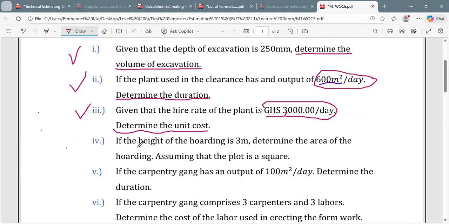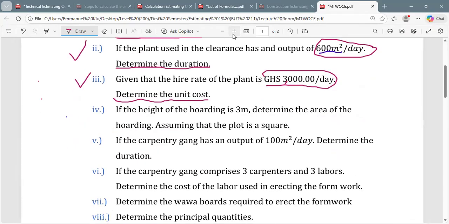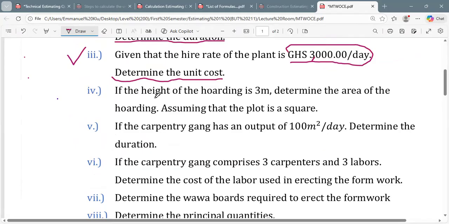IV says that if the height of the hoarding is 3 meters, determine the area of the hoarding. So assuming that the plot is a square plot, we are supposed to determine the area of the hoarding.